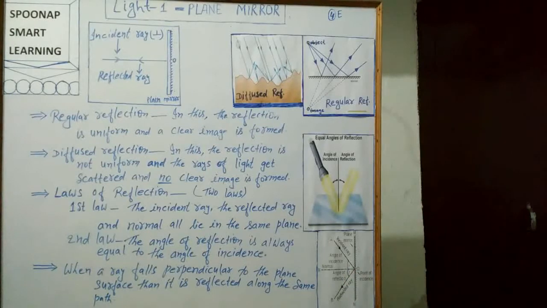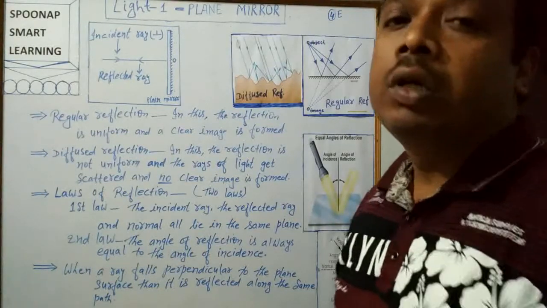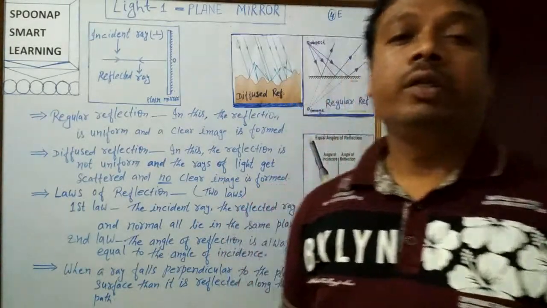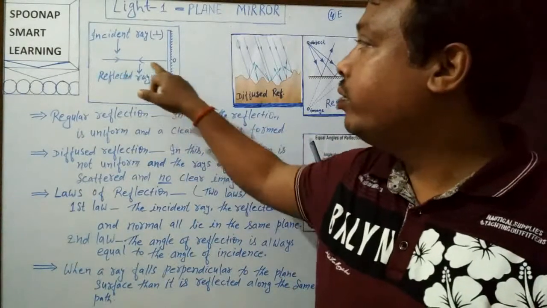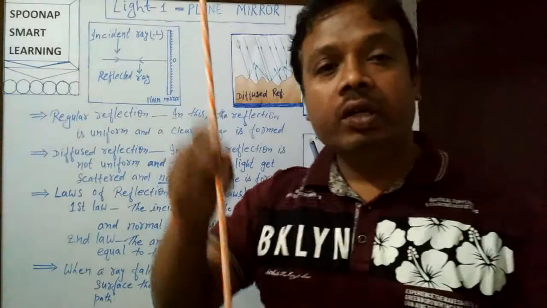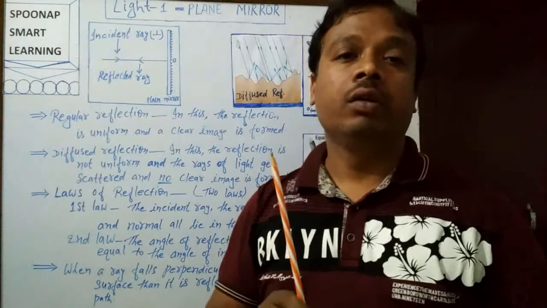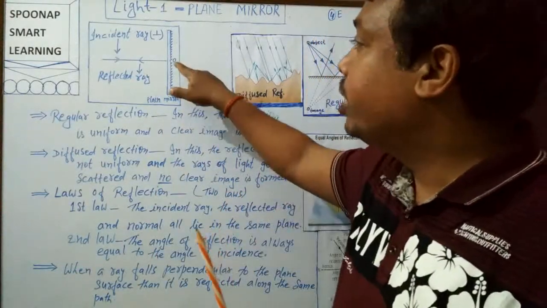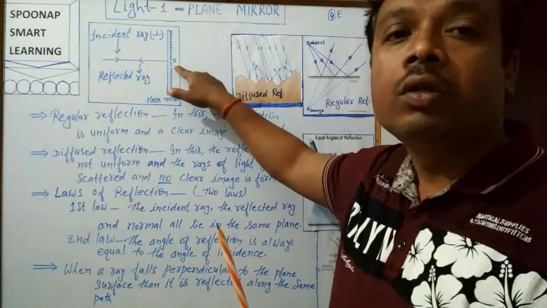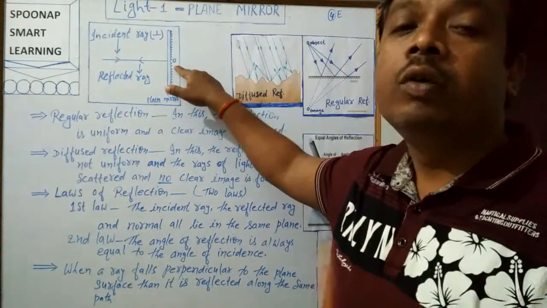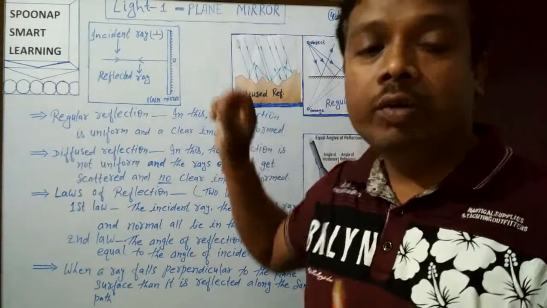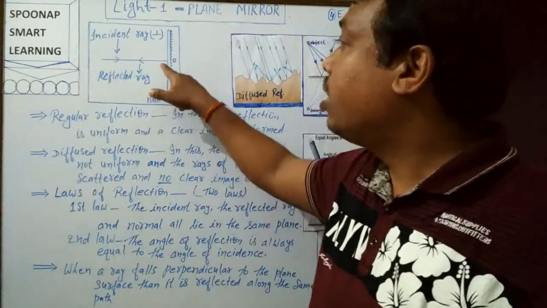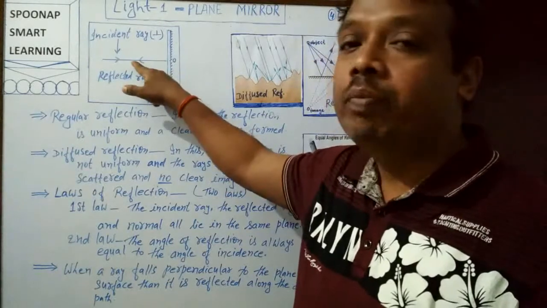Clear? Now a very important point is that when a perpendicular ray, perpendicular means a ray at 90 degrees, falls on the plane mirror, that means when the ray makes an angle of 90 degrees on a plane mirror, then after reflection it takes the same path.